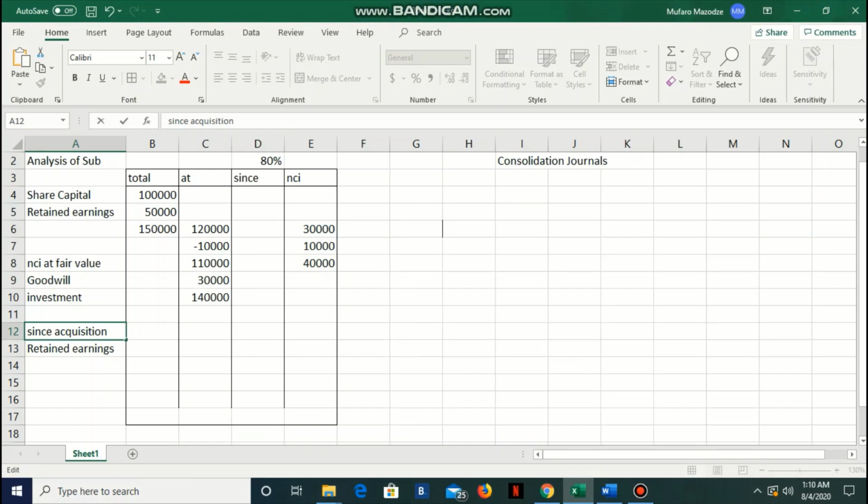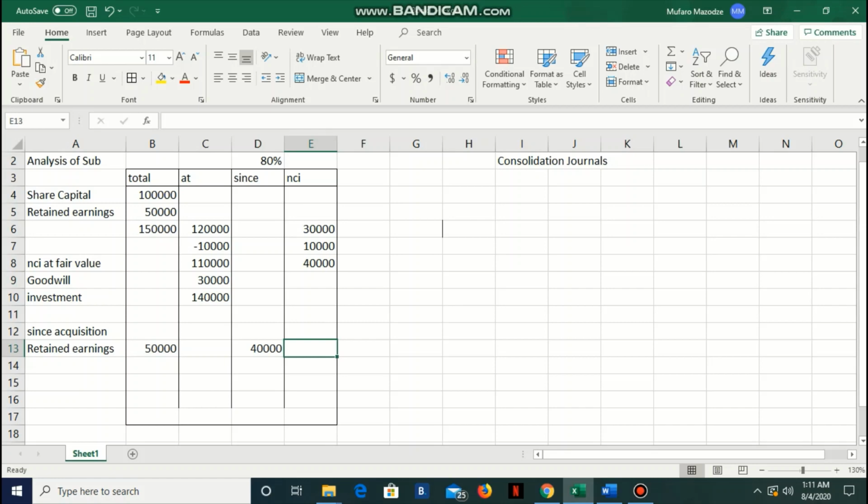So we go back and we say equals 100,000 rand less the retained earnings at beginning, and that gives you 50,000 rand. Then this 50,000 rand, we analyze it to make it 80%, and then you get 40,000 rand, meaning that your NCI is 10,000 rand.